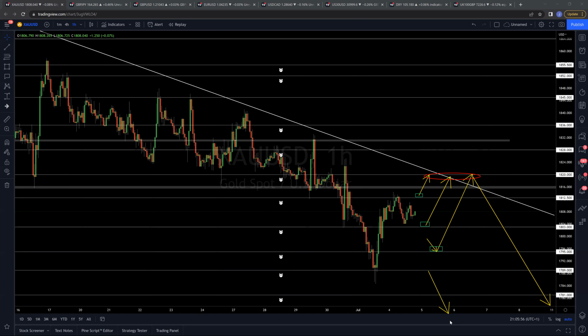Otherwise, safer sells at this point would be if we just break below that very key demand zone at 1789 and 1781 sells. So some things to keep in mind: lower volume and volatility at the moment.